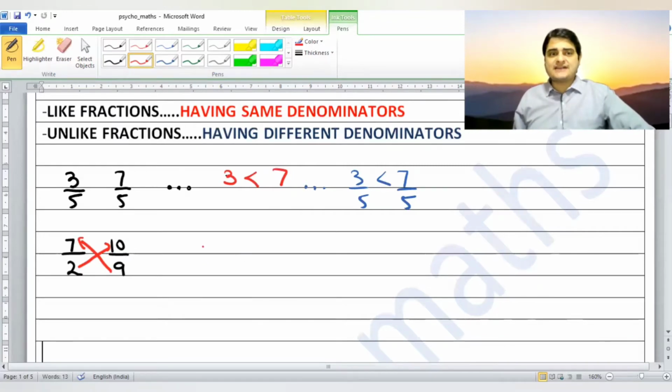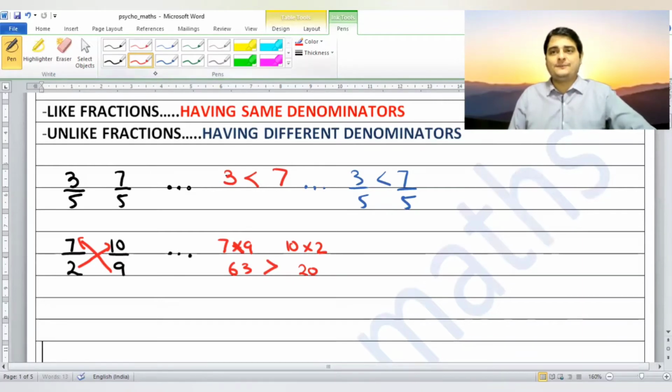Sir, what to do with this now? See, this is our next step. It is 7 into 9 and 10 into 2. 7 into 9 is 63 and 10 into 2 will be 20. See which one is lesser. Obviously, 20 is lesser.